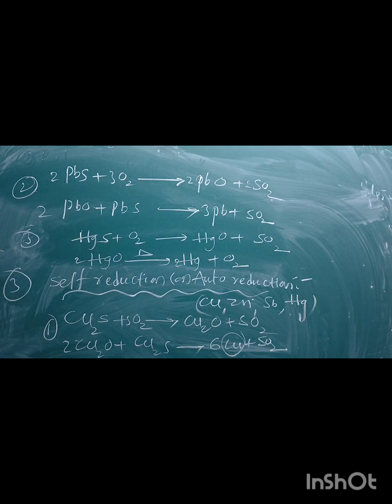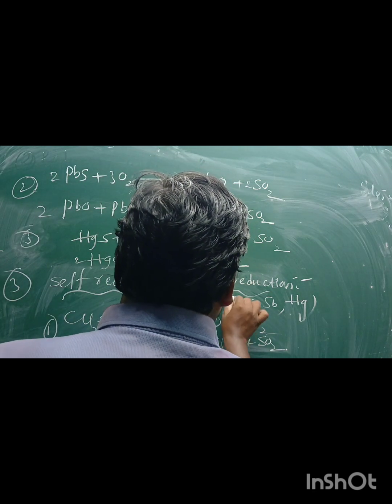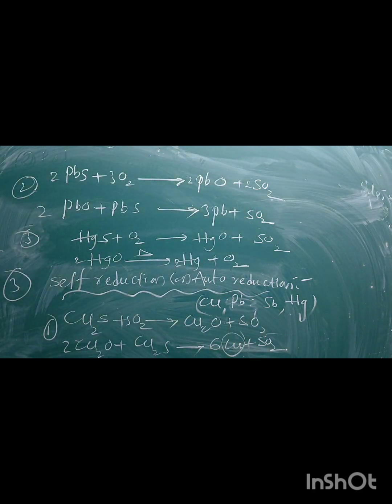These are all self-reduction or auto-reduction. Sulfide ores are of less electropositive metals like mercury, zinc, lead, copper. Not zinc here, sorry, lead. Pb.